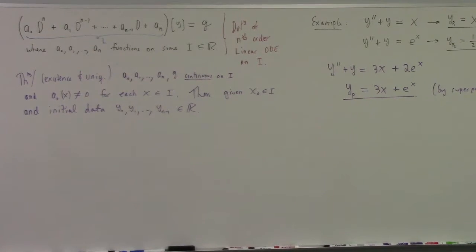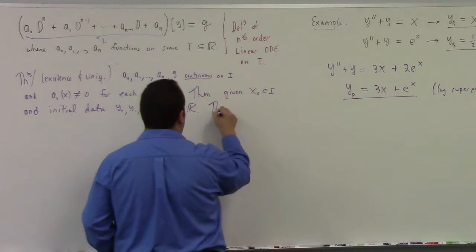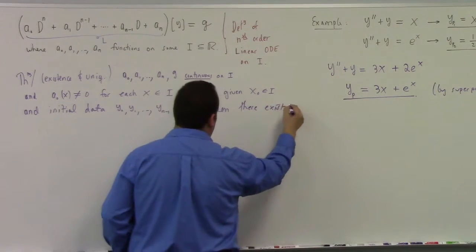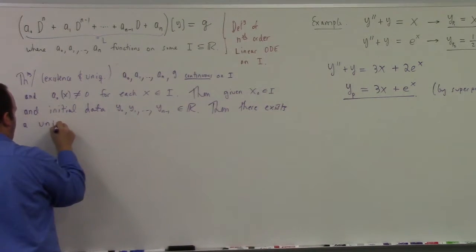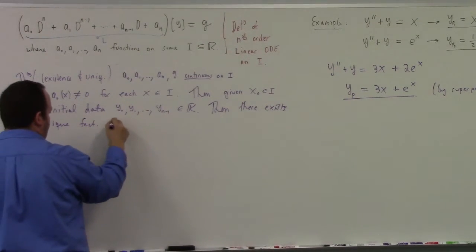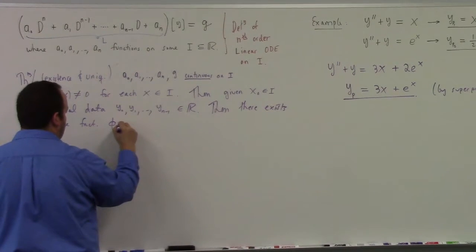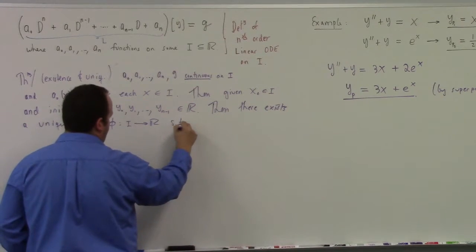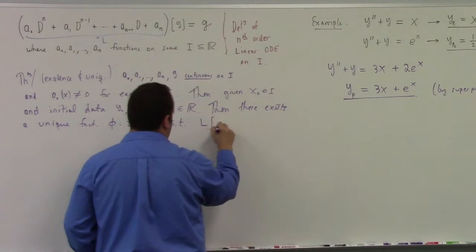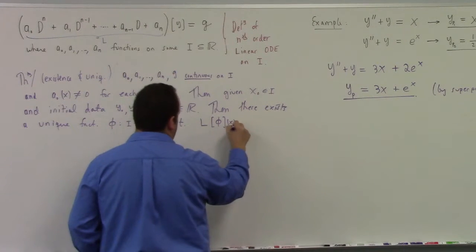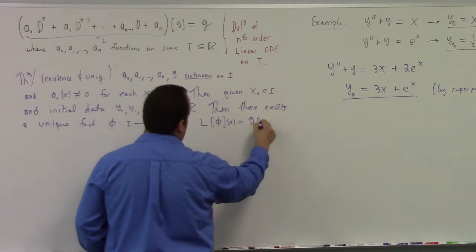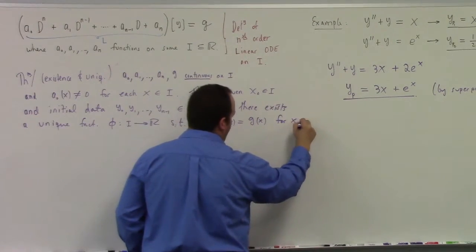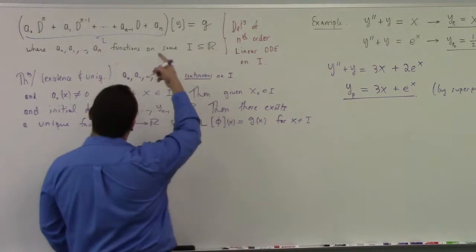Then there exists a unique function, let's say phi, from the interval back to the reals, such that L of phi of x is equal to g of x for x in I. In other words, and of course L, I'm still using that notation up there, right?